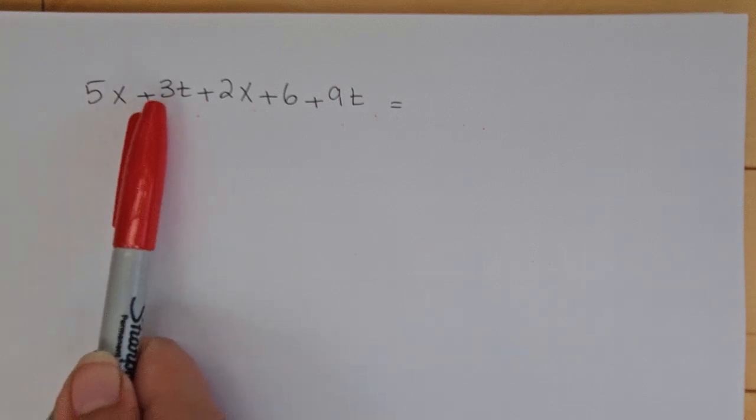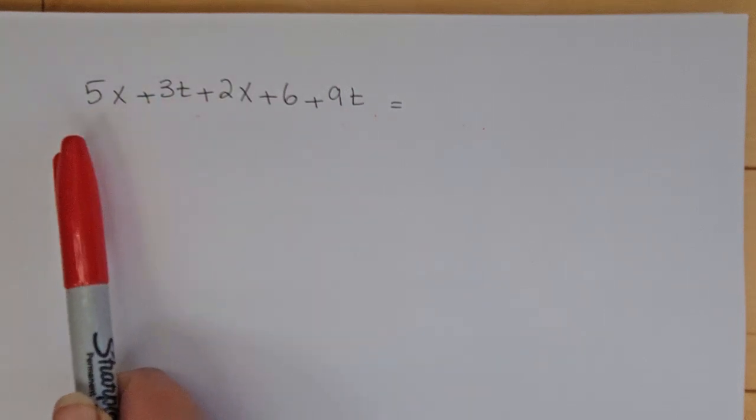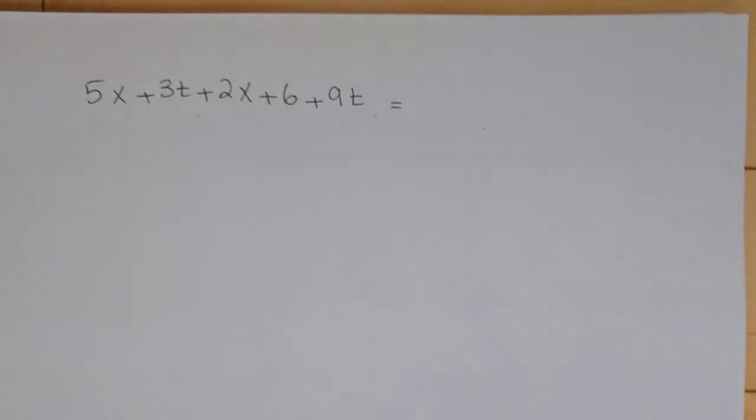We have x, t, right? There are no more variables. Now the next step, because here we are doing addition, we have to find the like terms. Let me remind you, like terms are when not only the letter but also the power is the same.